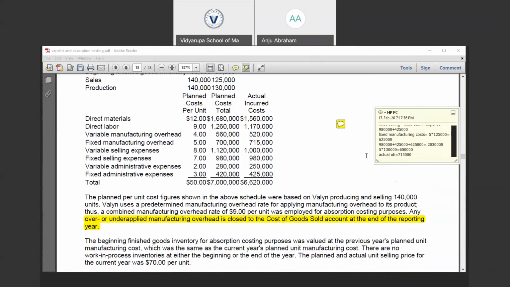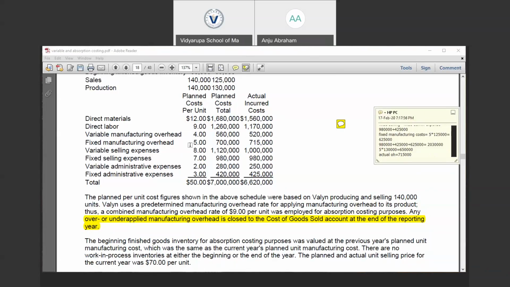If it was a period cost, as under variable costing, we could take the actual figure. 750,000 will be the fixed manufacturing overhead, 980,000 and 250,000. So there will be no underapplied or overapplied manufacturing overhead to be charged to cost of goods sold, because they are not treated as a product cost. Since it is a period cost, we expense it as incurred.